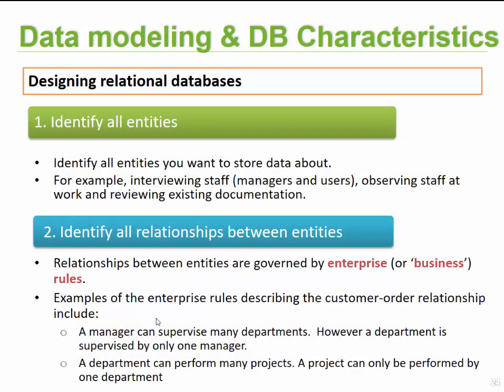So let's look at these. A manager can supervise many departments and a department is supervised by one manager. So that represents an enterprise or a business rule. Now for interest's sake, you see that in this case we've got two sentences.